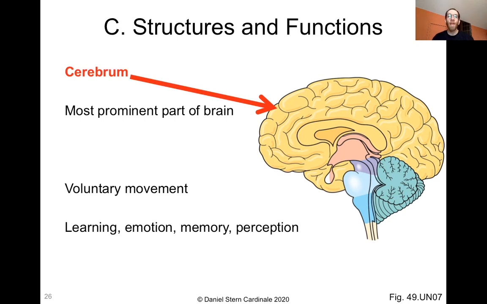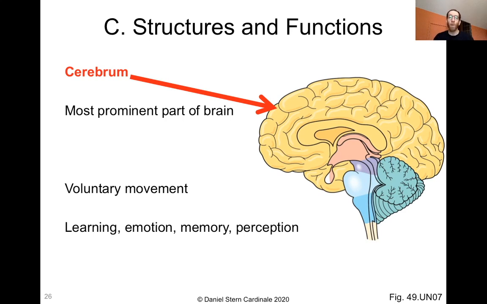Within the human brain, the largest and most prominent part is this big part in yellow. It's called the cerebrum. This is the part of the brain that is involved with functions like voluntary movement, learning, emotion, memory, perception. Different parts of the cerebrum are involved with different functions. You probably learned the different parts of the cerebral cortex in psychology if you have taken psych.